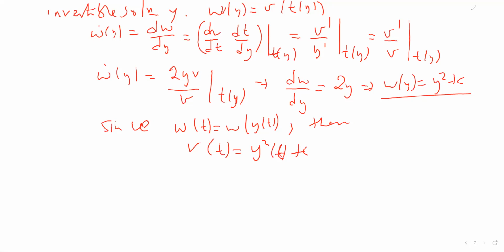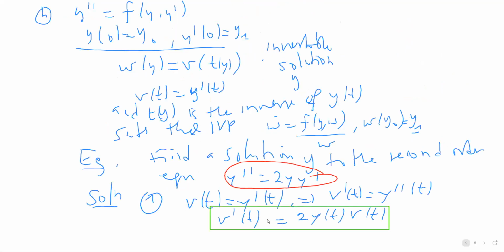But we know that y' is equal to v of t. It's a separable equation. So we can write y' over y squared plus c is equal to 1.